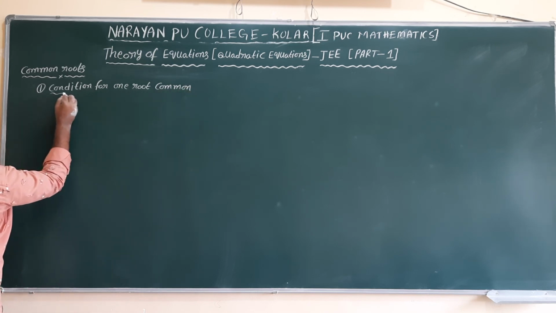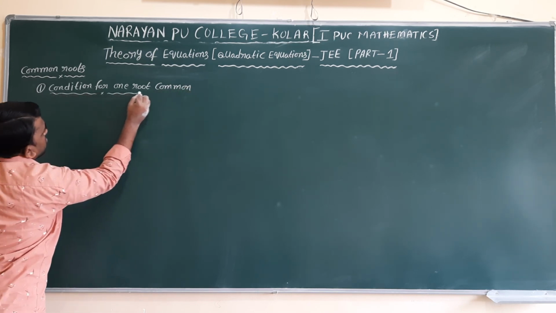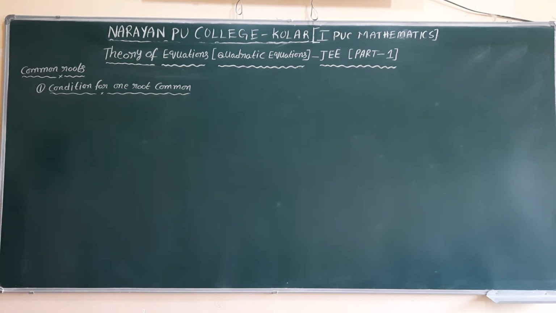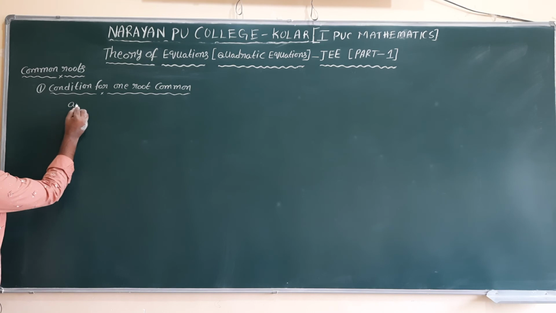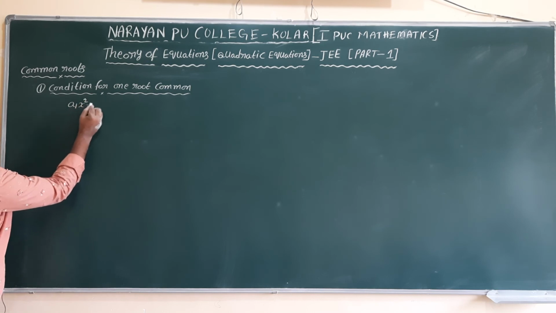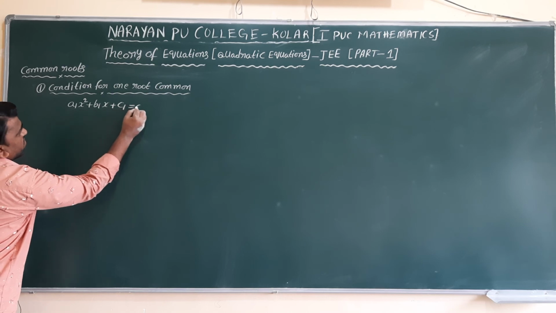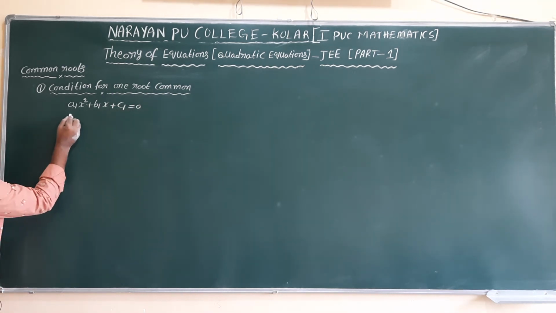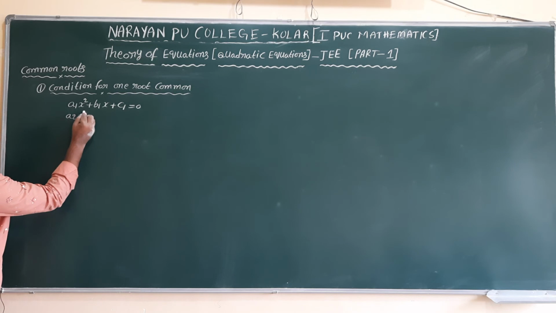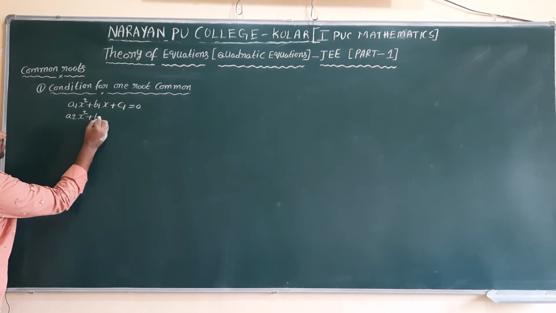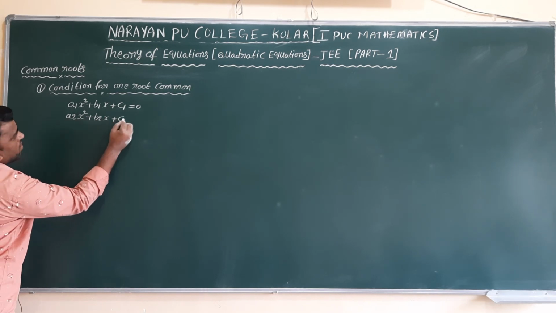Condition for one root common. Let us take two quadratic equations, a1x square plus b1x plus c1 equal to 0, a2x square plus b2x plus c2 equal to 0.